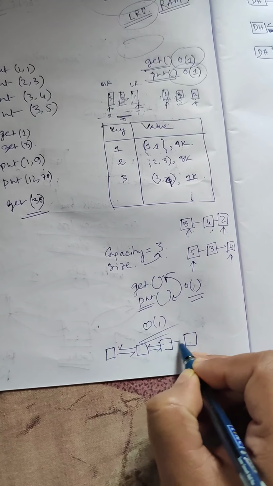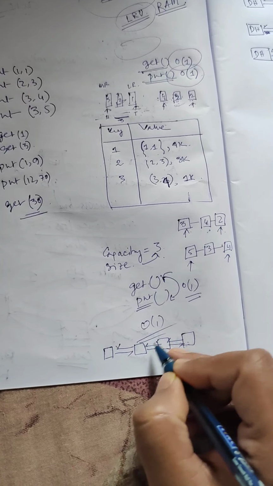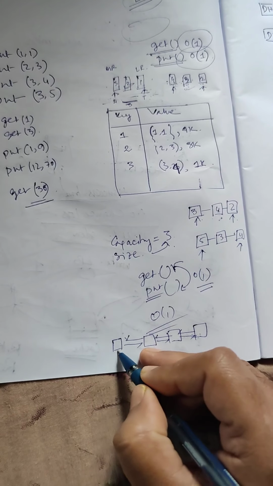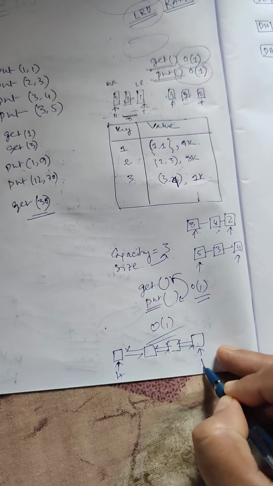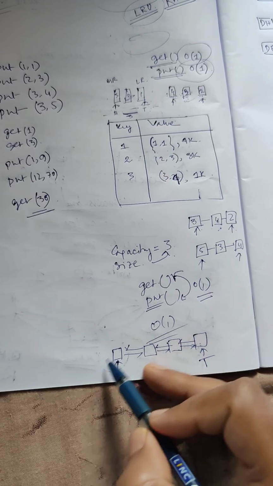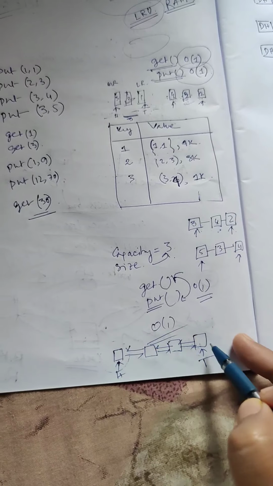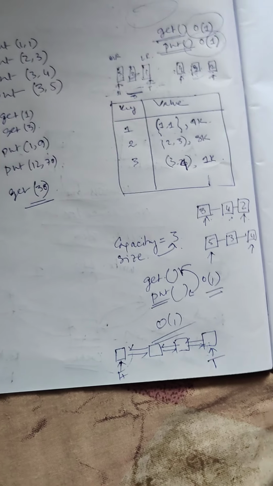If you have a doubly linked list, every node has 2 pointers, so with the help of your head pointer and tail pointer, you can make alterations at either end.